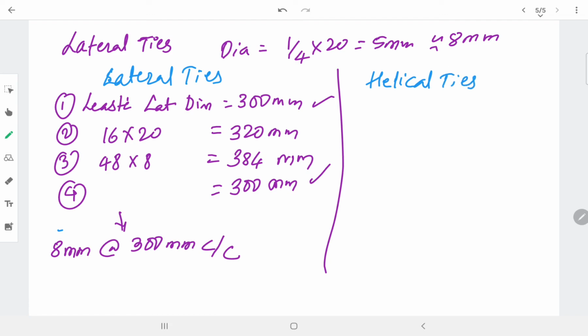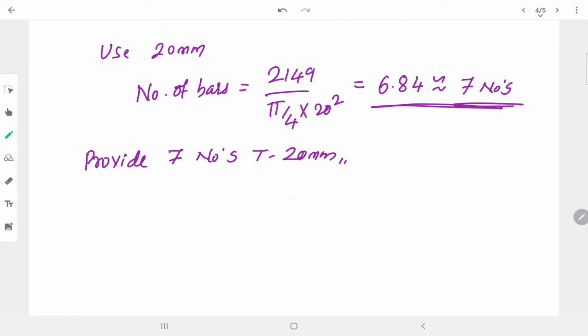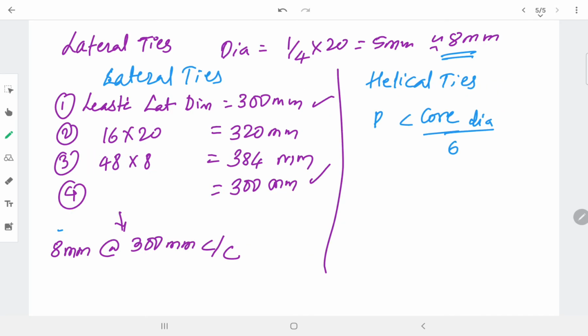If it is helical ties, the pitch of helical tie is equal to core dia divided by 6. Core dia means the dia when you exclude the cover. In a circular column, whatever the dia in between the reinforcement, we call it core dia.